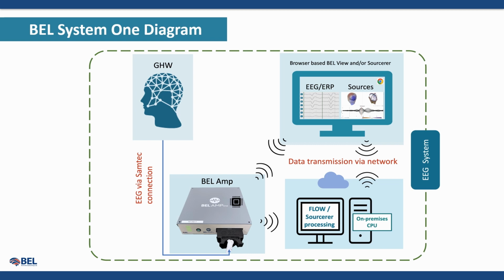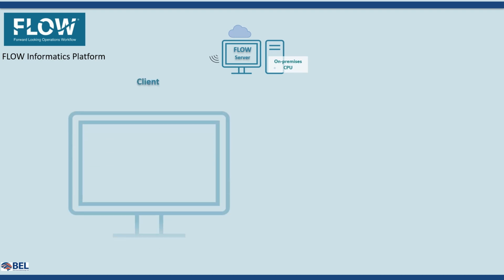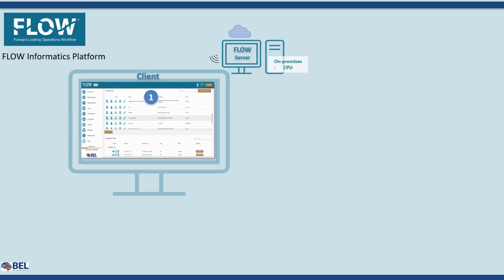So a server will be more protected and gives total ownership of the data. The Flow structure is an on-premises server and a client to access Flow. Basically, you just need any computer that has a Google Chrome browser installed. You can open that browser, type the Flow address and log in.